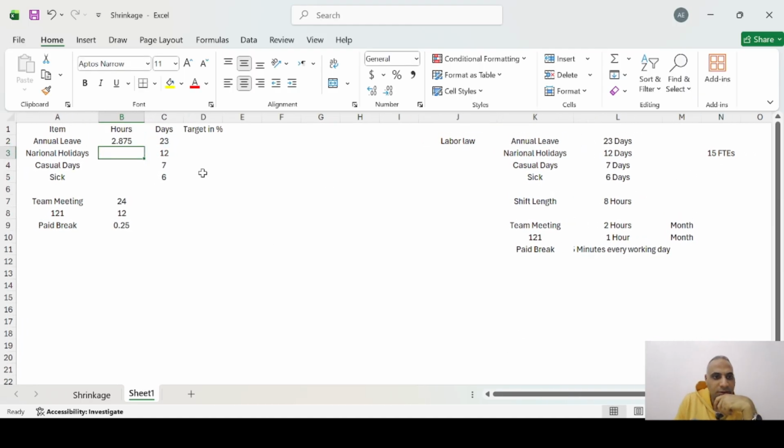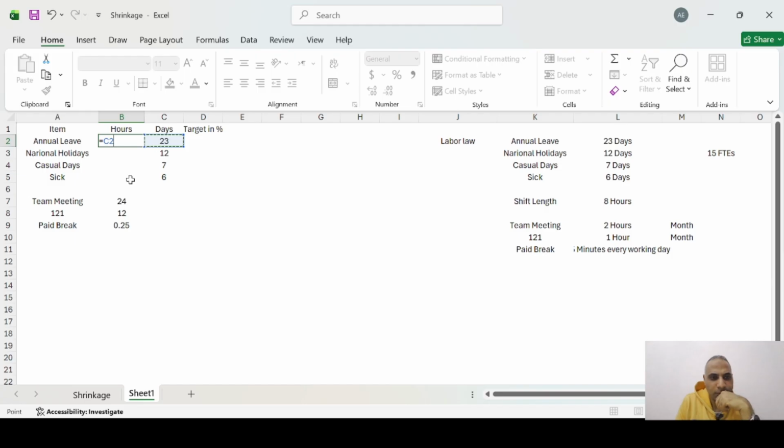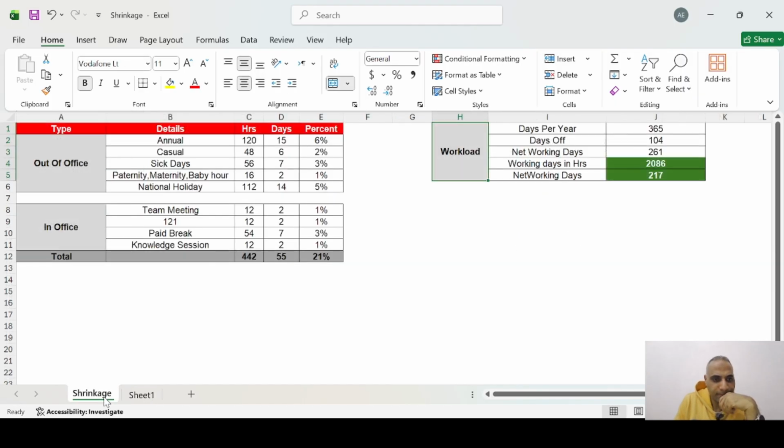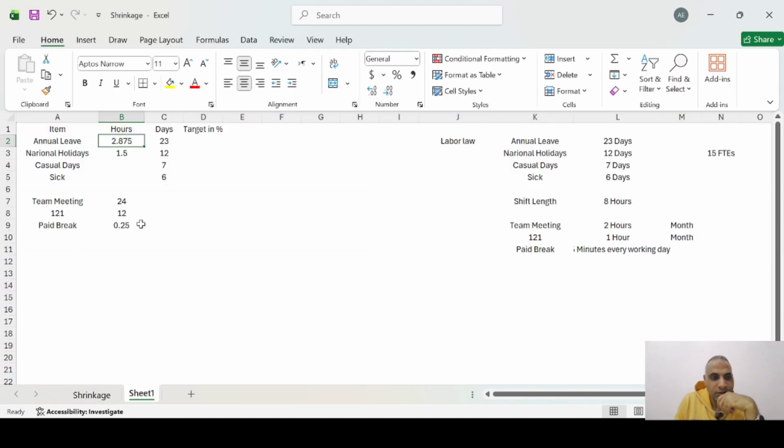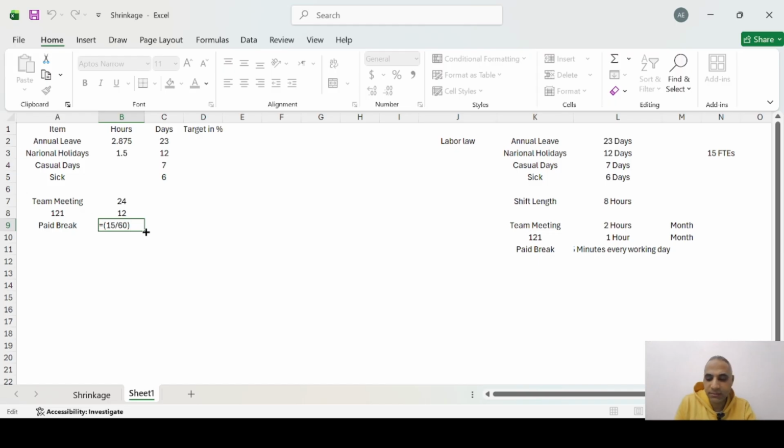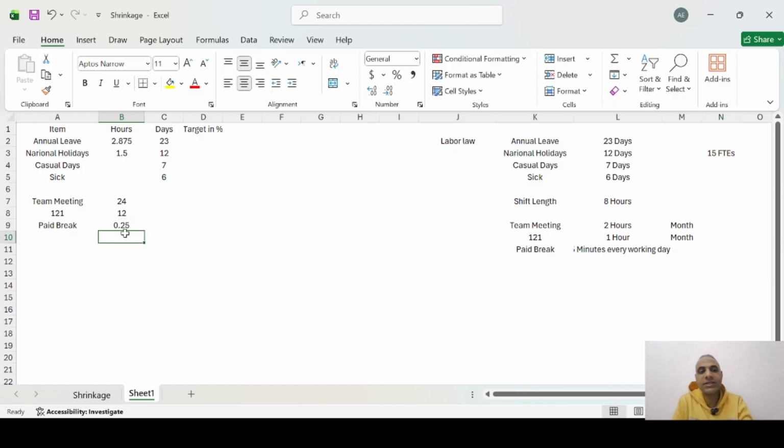Also national holidays, 12 days divided by 8. Okay, great. So we did the paid break, which is 15 divided by 60 minutes, so 0.25, this is per day.